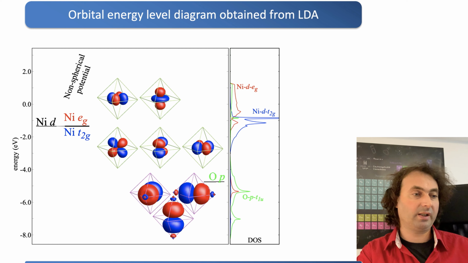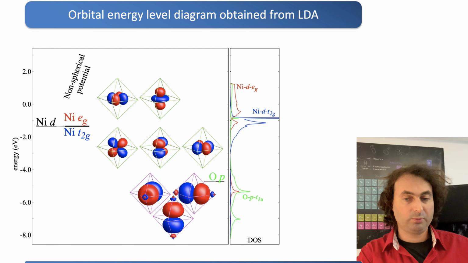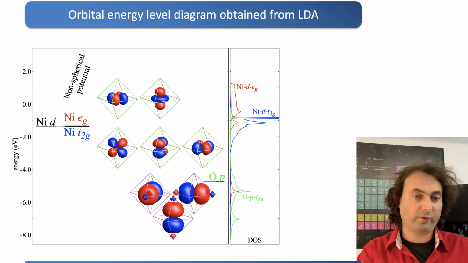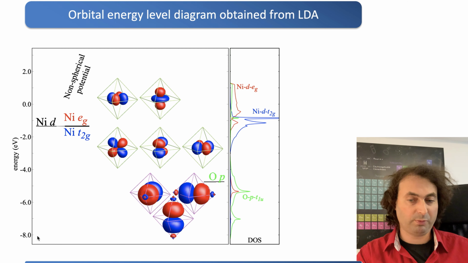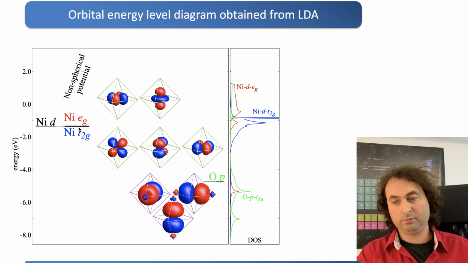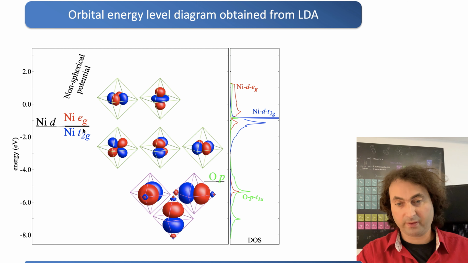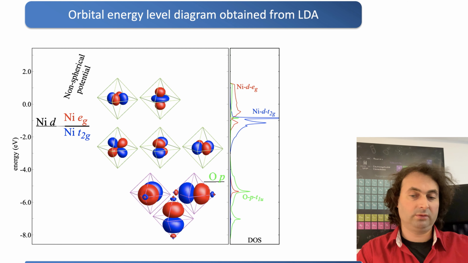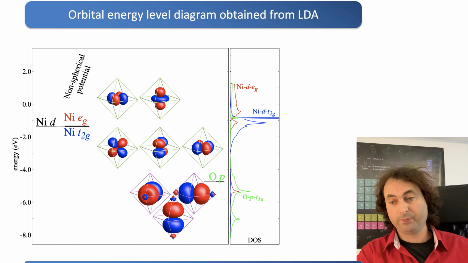And actually one should say that density functional theory includes all the effects that we are looking at, but we can now also separate them and see which part contributes to which energy splitting. And well, there is some splitting, but on this level of energy scale, it's extremely hard to find. So it is not a static potential that is important in the energy scales that we have in solids.